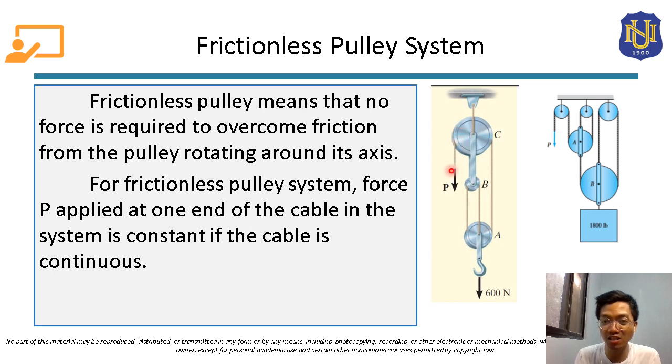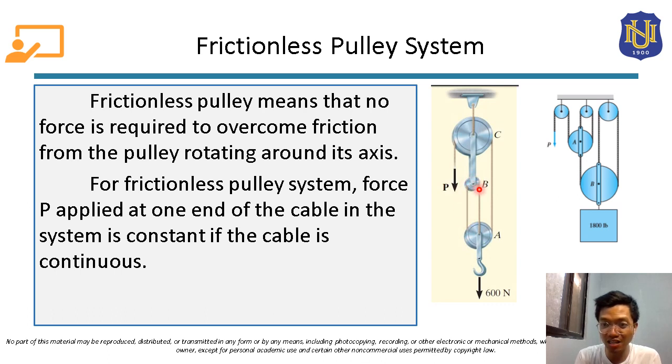Meaning to say, if it is P here, the tension force in this part of the cable will just be P. As long as it continues here, this is still P, up to here.